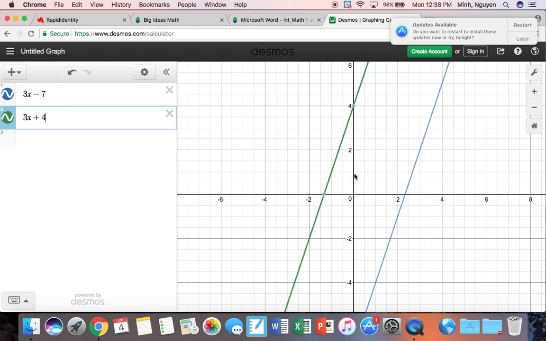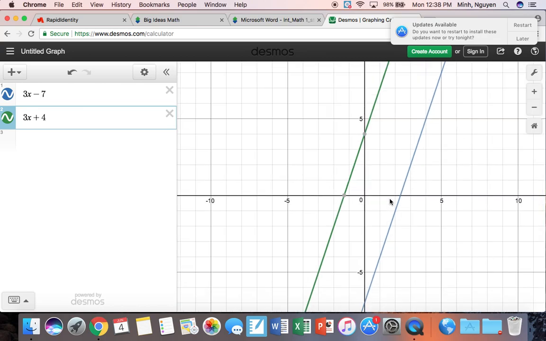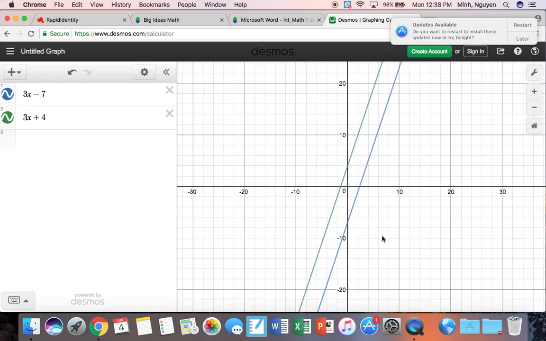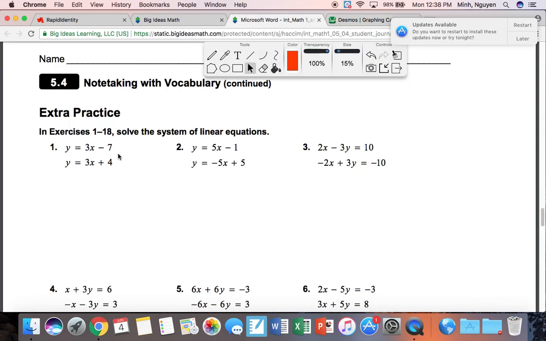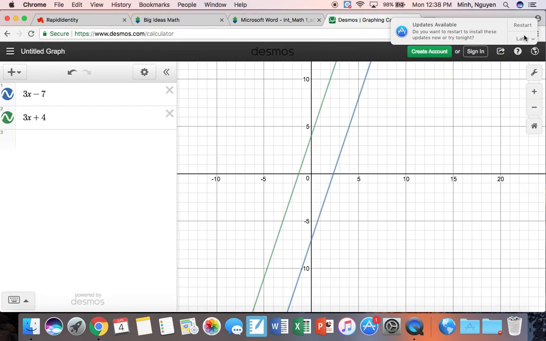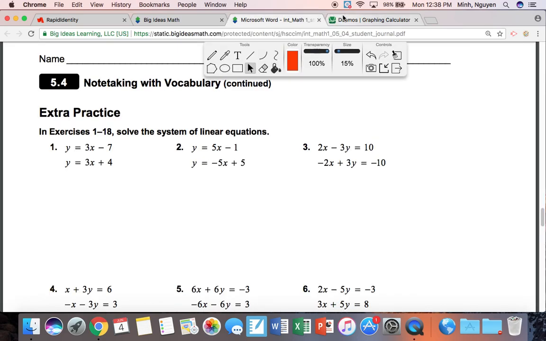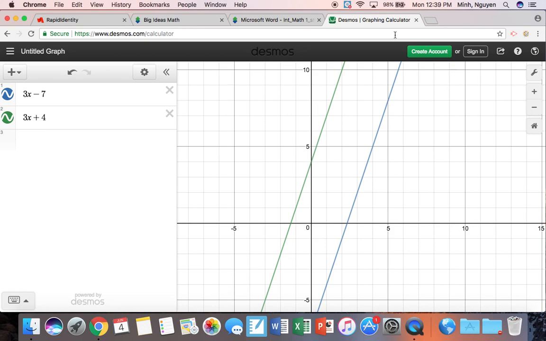If you look at these lines, if we zoom out, you'll see that they never intersect. But that's by graphing, and there's no graph here, so I'm just showing you for the sake of showing you. Anytime you want to graph something, Desmos is a great way to check your answer. So we can already see that there is no solution to this.